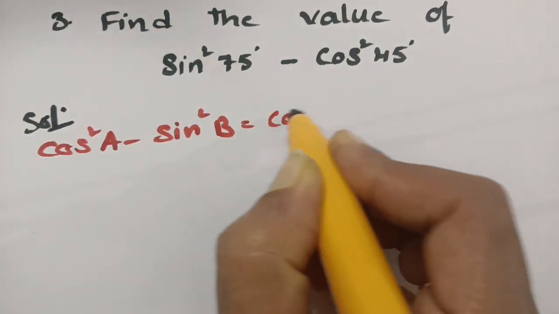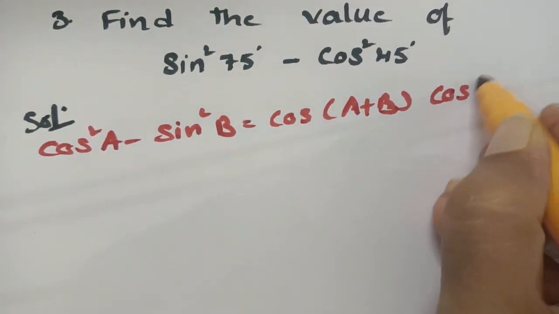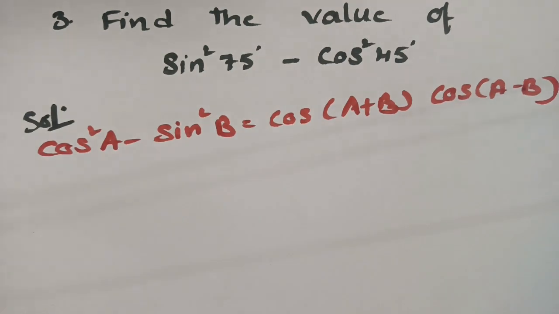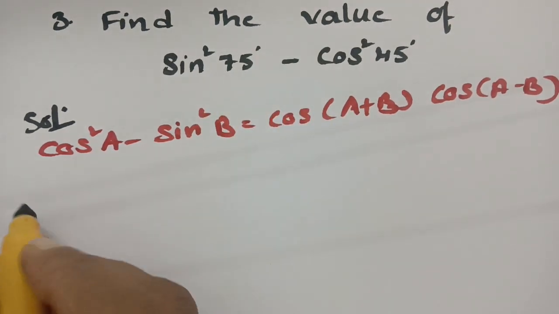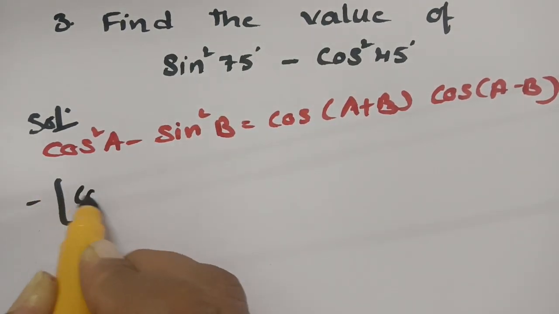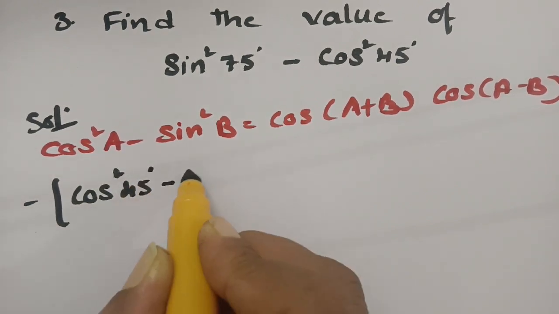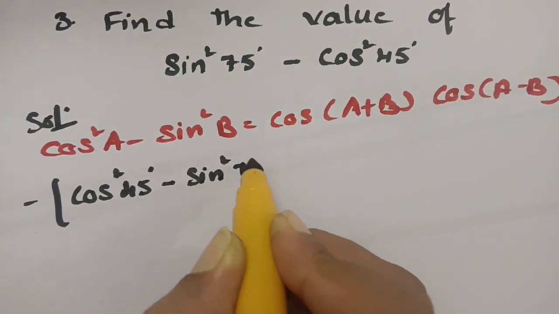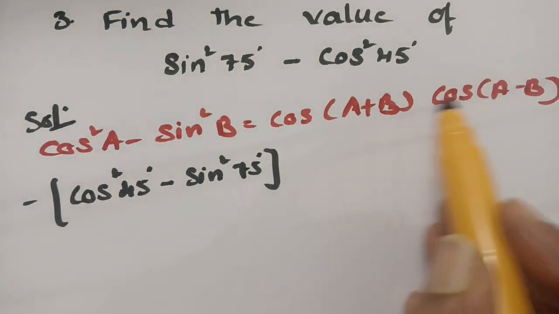I got the formula as cos of a plus b into cos of a minus b. But here in the question, I have to take minus as common. So if I take minus common, this will be cos square 45 degrees minus sine square 75 degrees. Clear? So that I can substitute here.